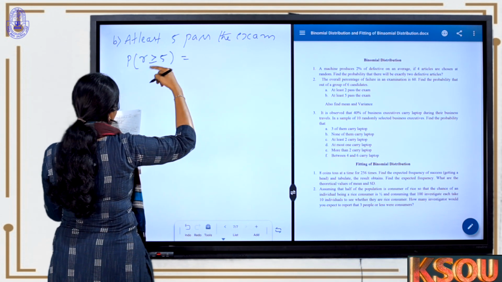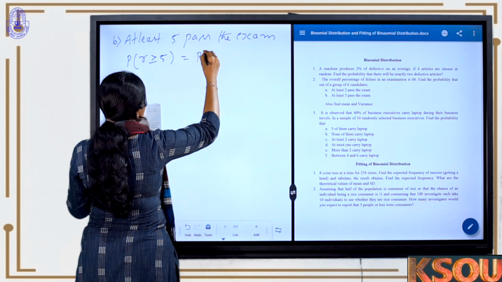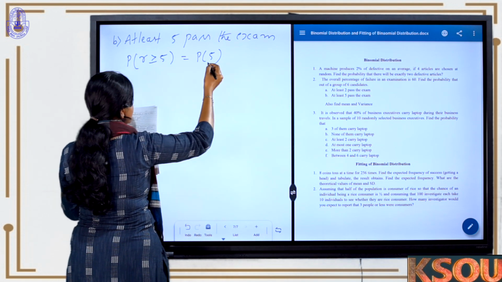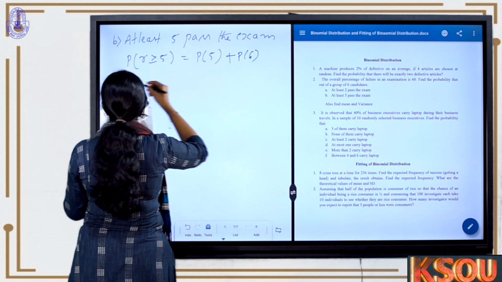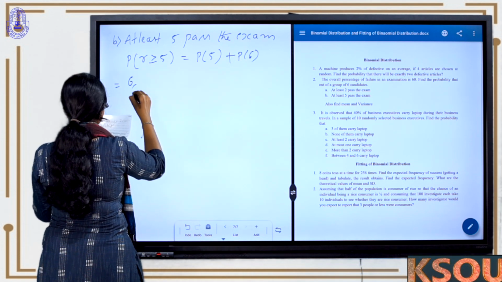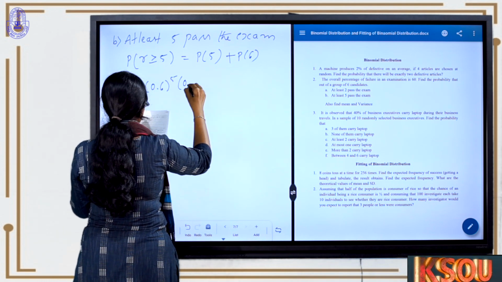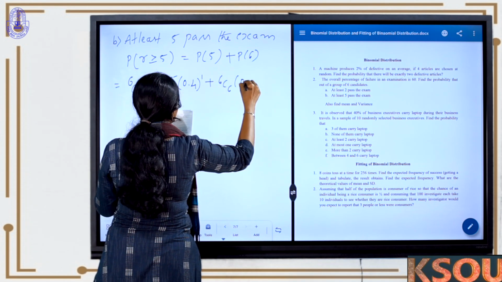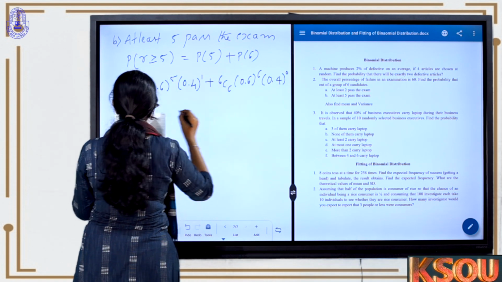So how many values do you have from 0 to 6? If it is greater than or equal to 5, it should be P of 5 and P of 6. Apply the binomial distribution formula, that is 6C5 0.6 to the power of 5 0.4 to the power of 1 plus 6C6 0.6 to the power of 6 0.4 to the power of 0.